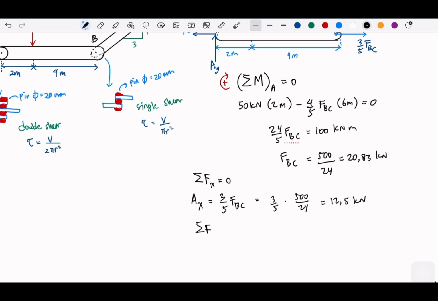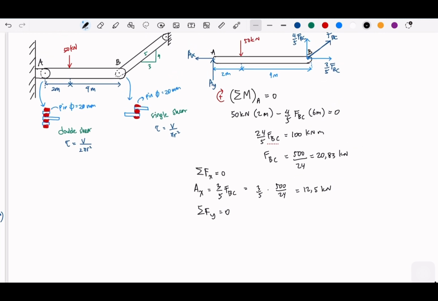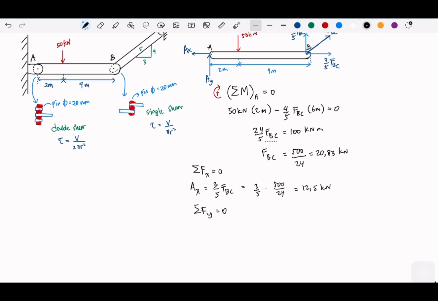And then similarly, take the vertical force equals 0. This will be AY plus 4/5 FBC equal 50 kilonewton. So we could get the AY is 50 minus the 4/5 of 20.83.